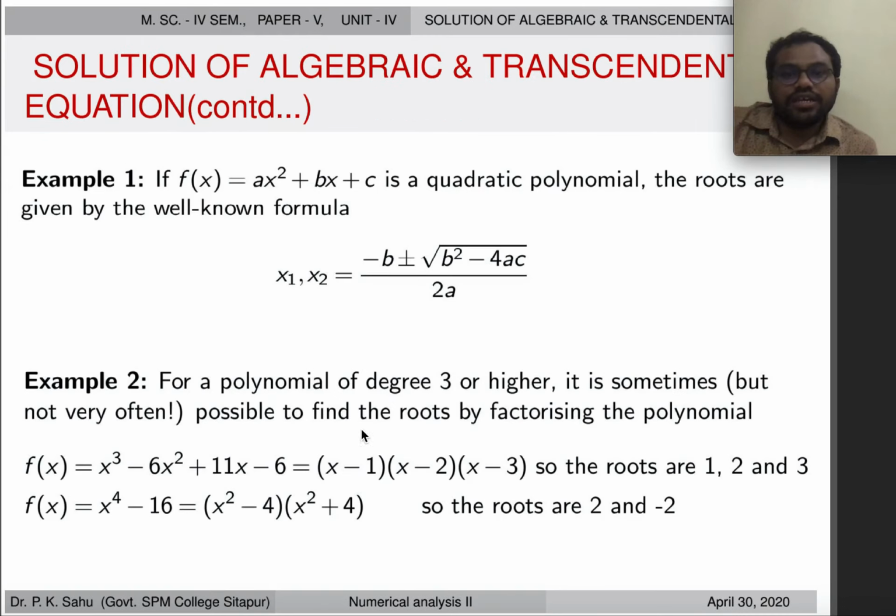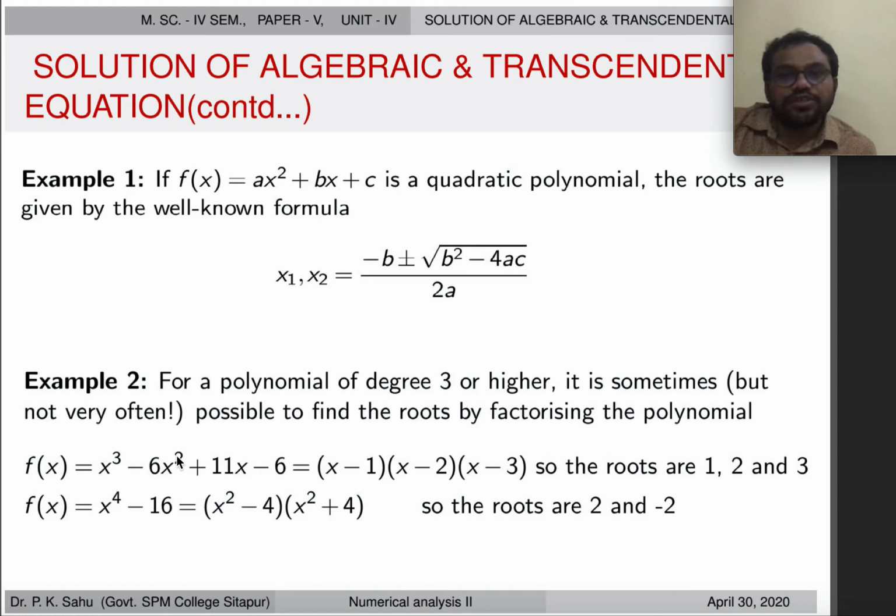Now, as we know, in previous classes we have found the roots of a quadratic equation by using the Sridharacharya rule, which says that roots of a quadratic equation is given by minus b plus minus under root b square minus 4ac upon 2a. Or even we can find roots of polynomial of degree 3 or higher by using factor method. For example, we have an equation of the form x to the power 3 minus 6x square plus 11x minus 6 is equal to 0.